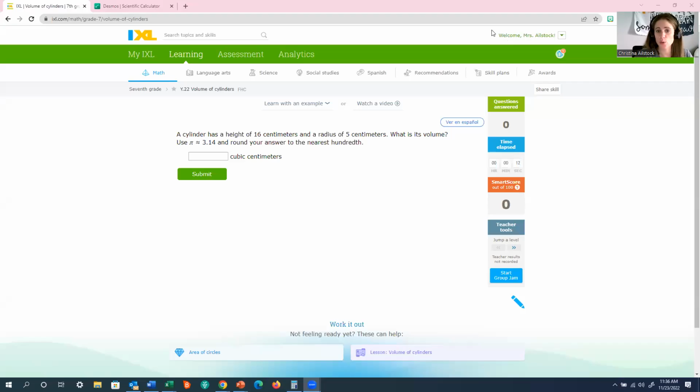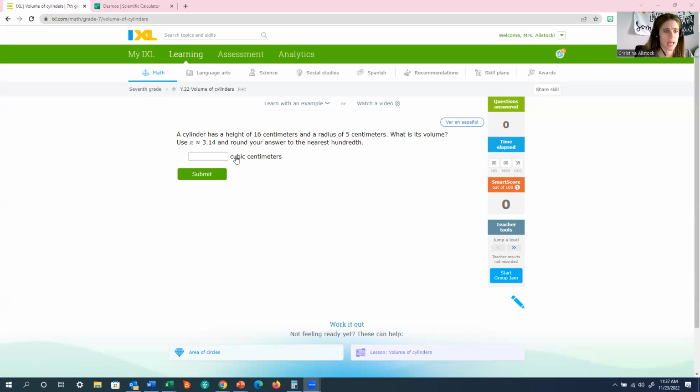All right, let's close out with one more example here. Sometimes your problem is going to be all in word form. There won't be an image or a diagram to go along with it. In some ways, this may even be easier because it straight up tells you height, radius, diameter, so there's no chance of potentially getting that information mixed up.